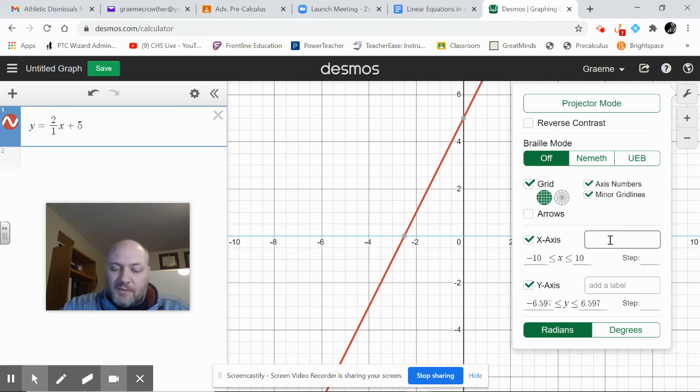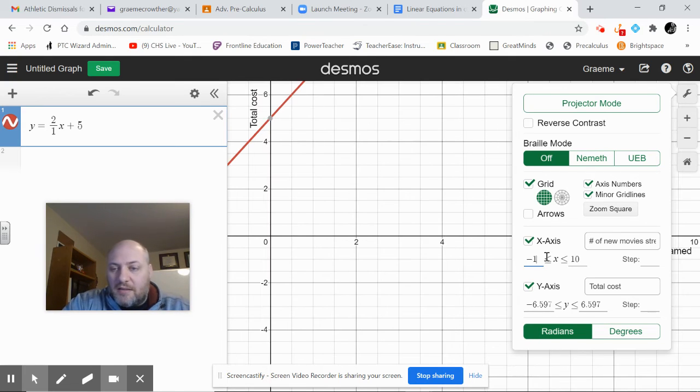My x-axis, we said that was the number of new movies streamed. And on the y, we said that was the total cost. And again, I want only what's in quadrant 1 because I can't have a negative number of movies. And they're not going to pay me, so I don't need a negative cost.